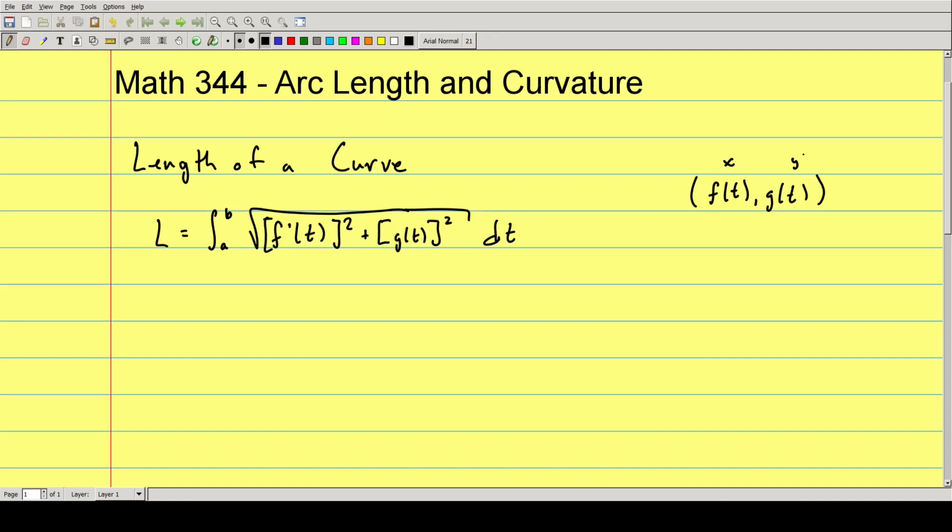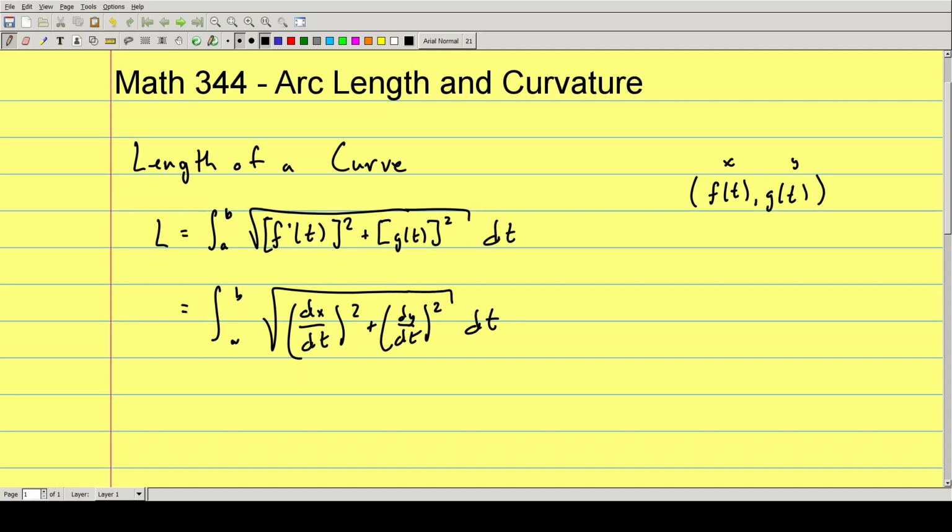But we had this formula back from Calculus 2, and there were a couple different ways that we could write this down. Sorry, I'm going to write that bigger. Okay.